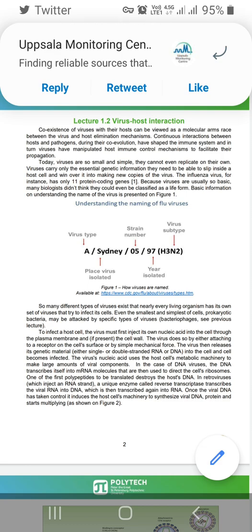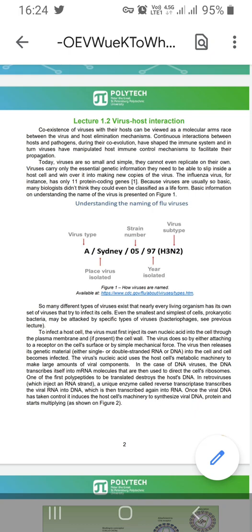Continuous interaction between hosts and pathogens during their coevolution have shaped the immune system, and in turn viruses have manipulated host immune control mechanisms to facilitate their propagation.